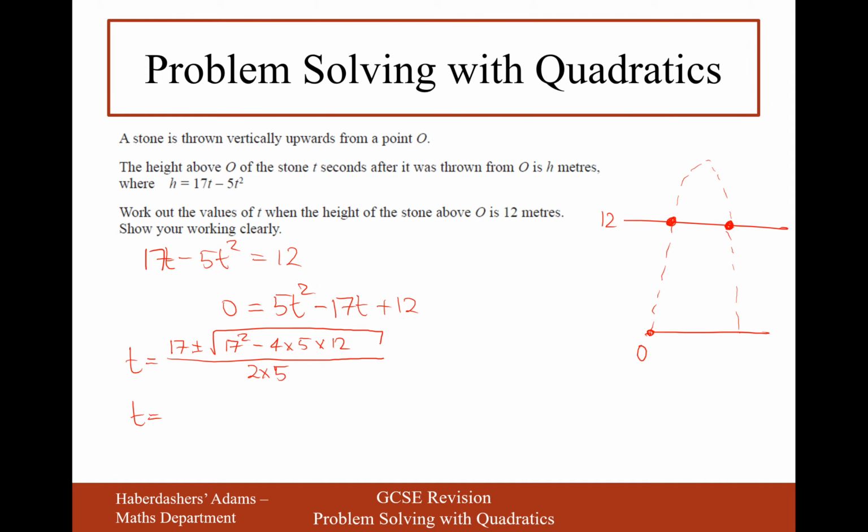So grabbing my calculator and typing this all in, 17 plus the square root of 17 squared minus 4 times 5 times 12 all over 10. And that's going to give me a nice answer, 2.4. And hopefully a negative solution as well, so go into the formula, change the plus to a minus.